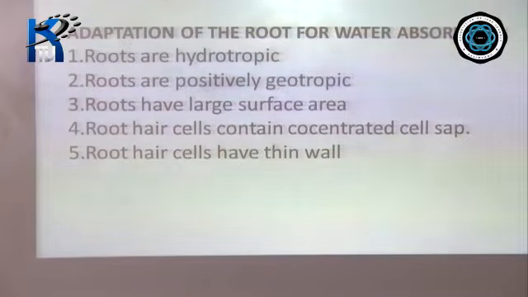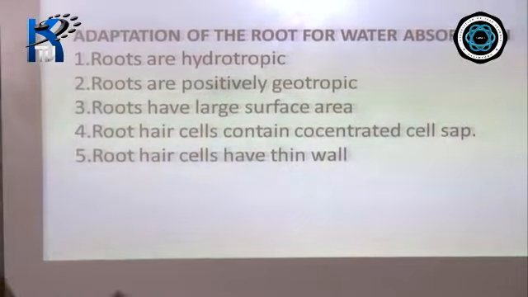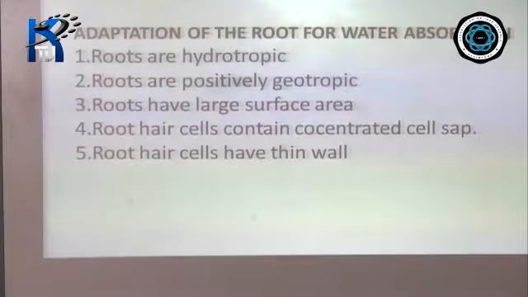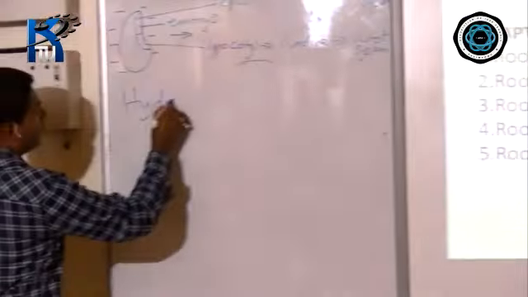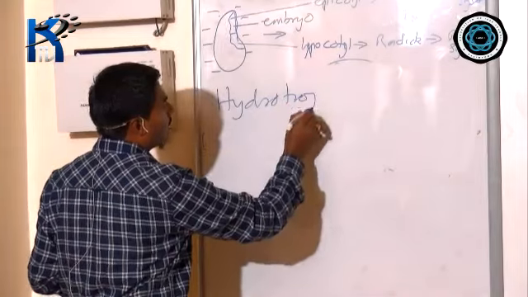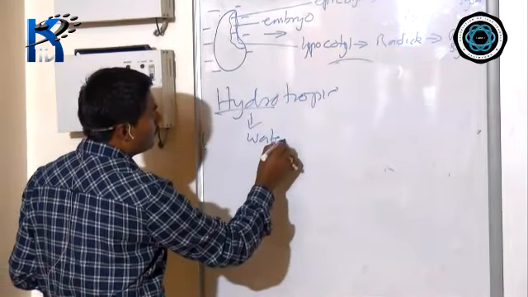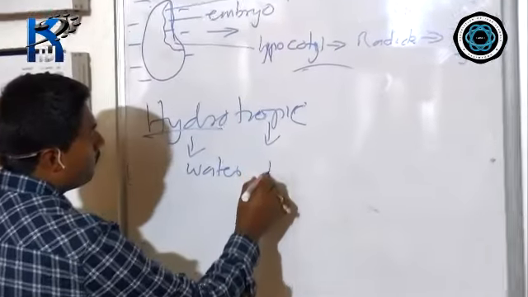First of all, you have to understand, roots are hydrotropic. When I say roots are hydrotropic, what do you understand? The word hydro means water, and tropic means movement.